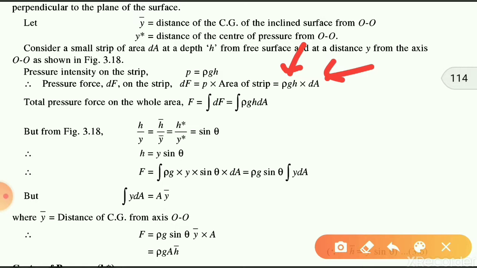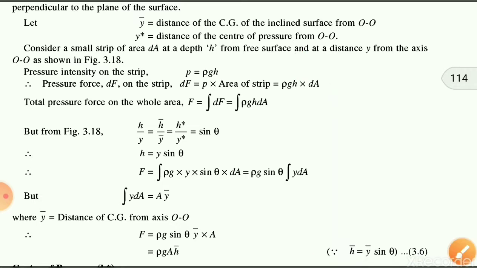So the pressure force acting on this elemental strip will be rho gh multiplied by dA. If we integrate this, then we will get the total pressure force acting on this area. So F is equal to the integration of dF, which is the integration of rho gh multiplied by dA.